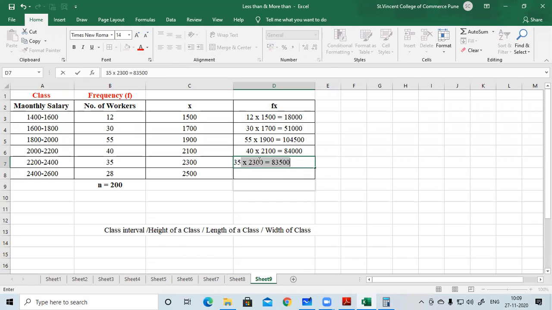Then you have 35 multiplied by 2300. 80,500. And finally, you have 28 multiplied by 2,500. 70,000. And finally, you have to take the total of that column.